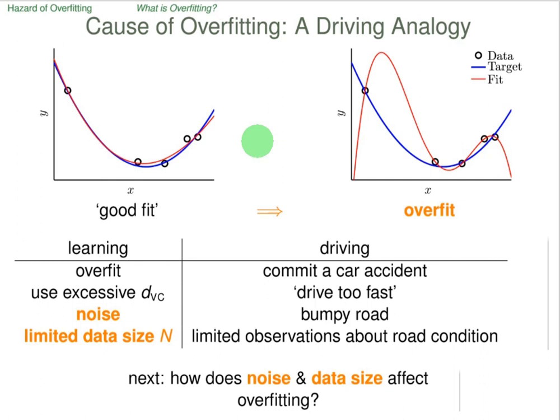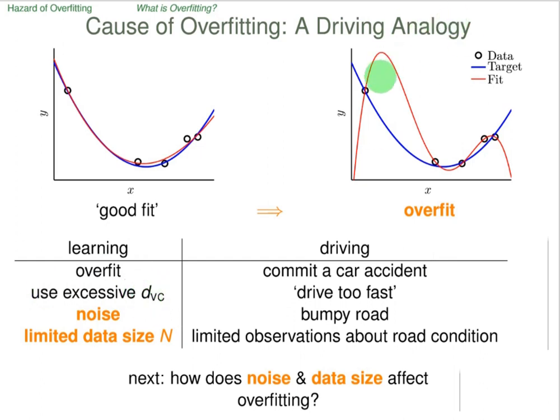Okay, there are different causes of overfitting. Let's consider the main ones below and try to explain them in terms of a driving analogy to understand it better. We have learning and driving. So in machine learning, overfitting can be explained in driving as committing a car accident. In machine learning, overfitting happens if you use a hypothesis with a very excessive VC dimension than required, or very powerful.